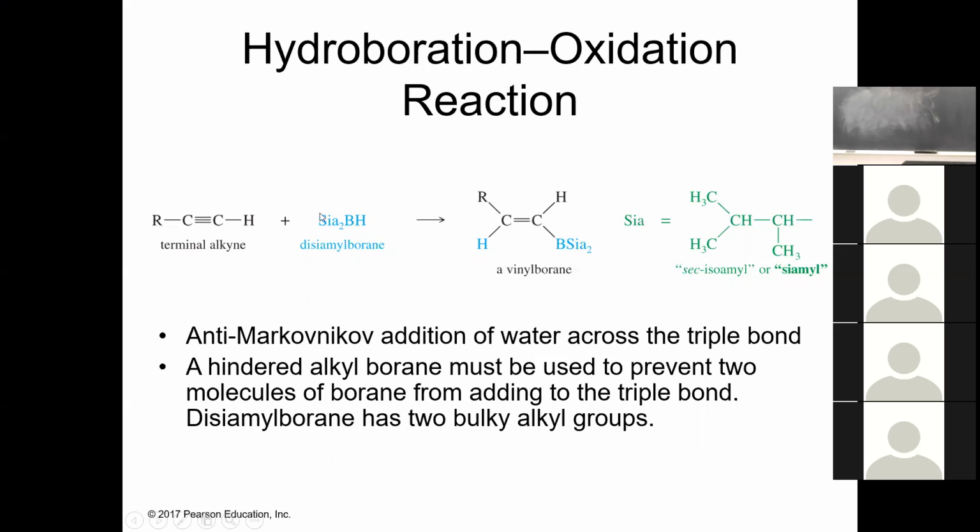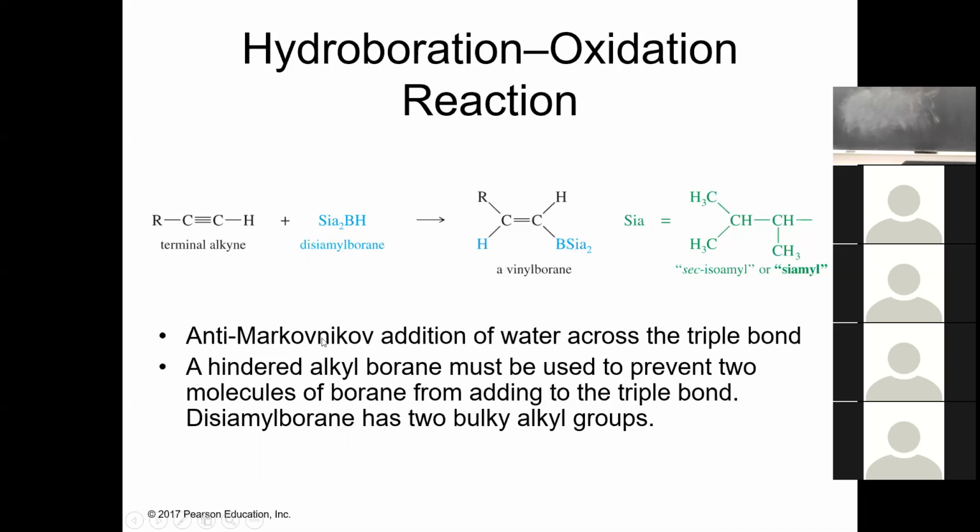There are others of these that can be used. This is probably the most common. This one is called disiamylborane, and this is the secondary isoamyl, or siamyl, group. So you have two of these.